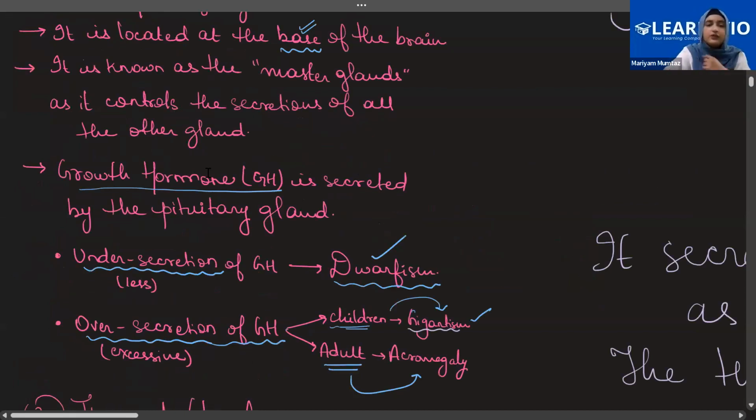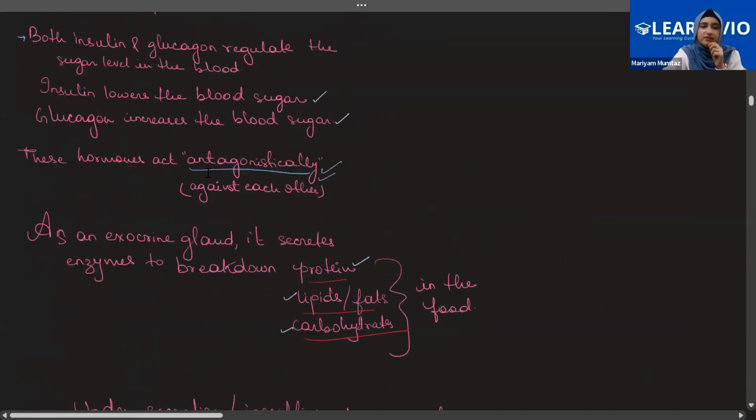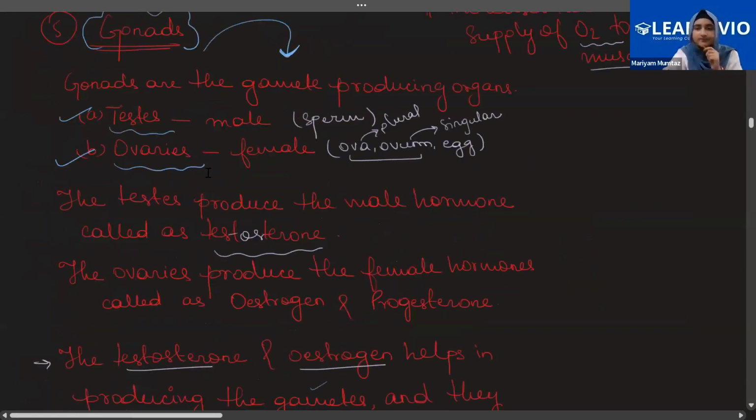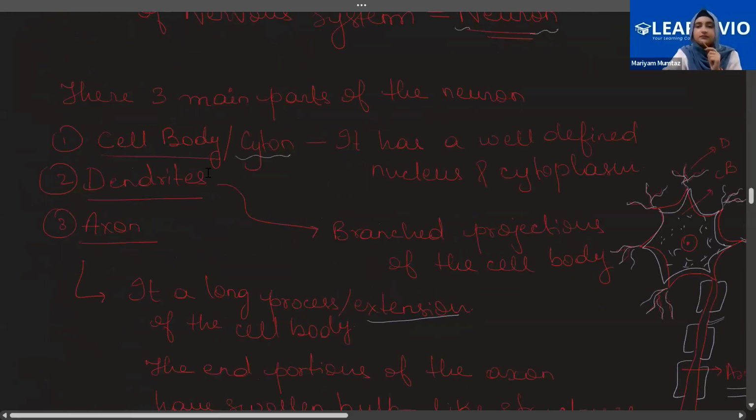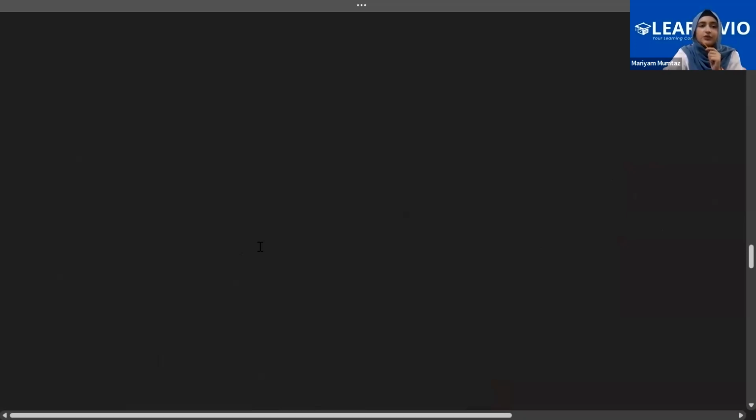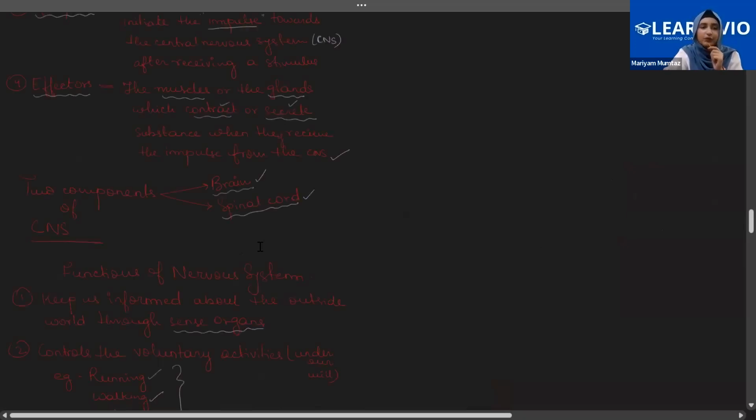See, in control and coordination, first I was thinking that we should start with the plants part or the animals part, students? It's up to you. You can choose. If you want to do the human part, we'll start with the human part first.